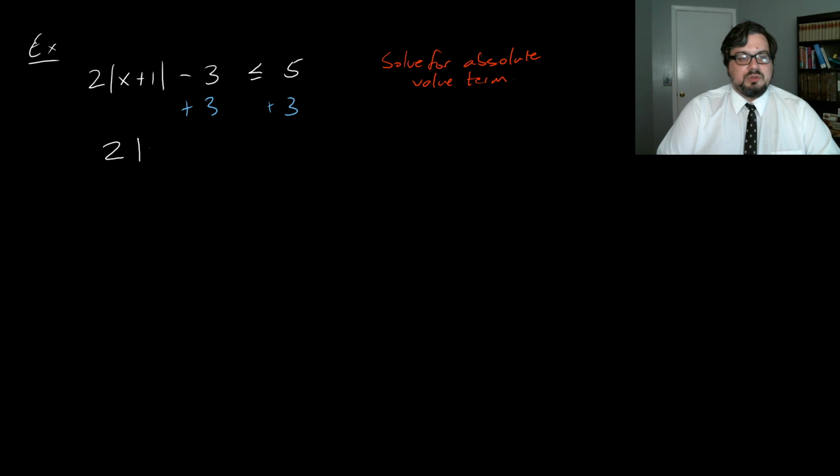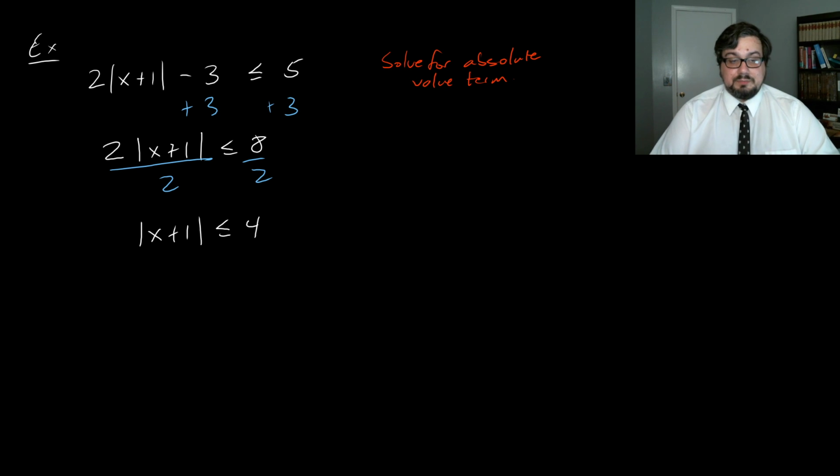That'll give us 2 times the absolute value of x plus 1 is less than or equal to 8. Then we can divide both sides by 2. 2 is a positive number, so we don't have to change the direction of the inequality. And now we've gotten down to a point where we have the absolute value, which is less than or equal to the number 4. Now we can translate this into a compound inequality.